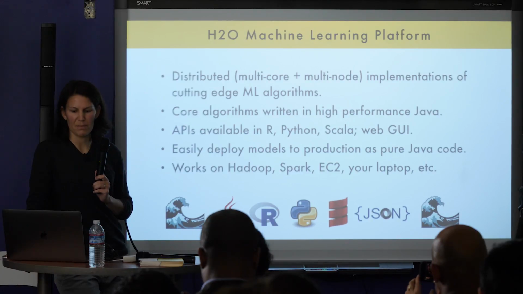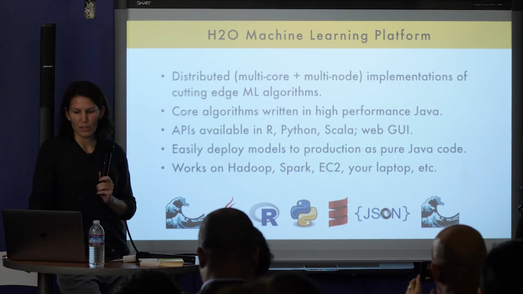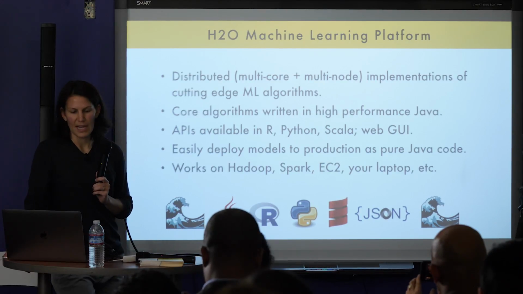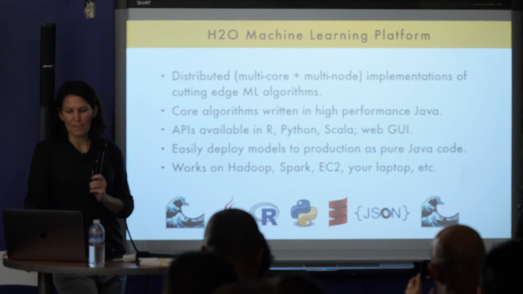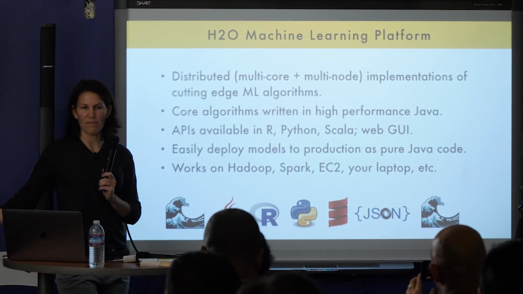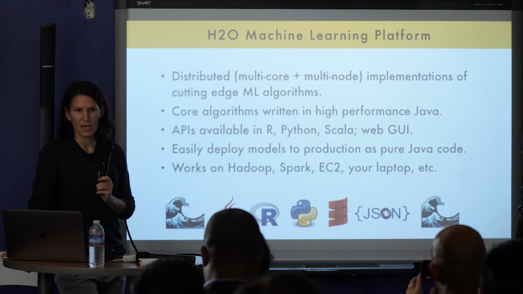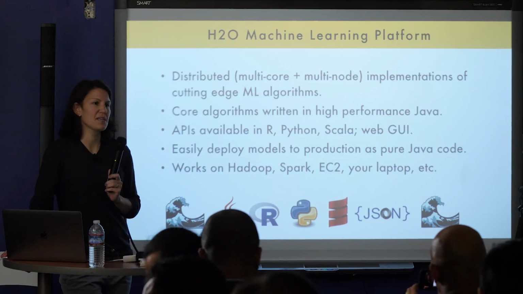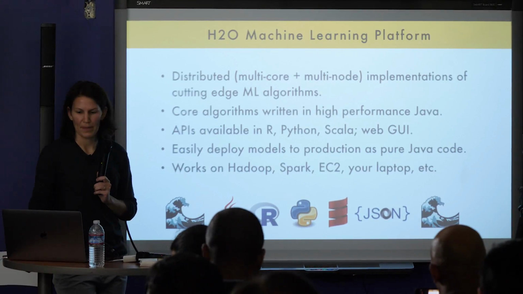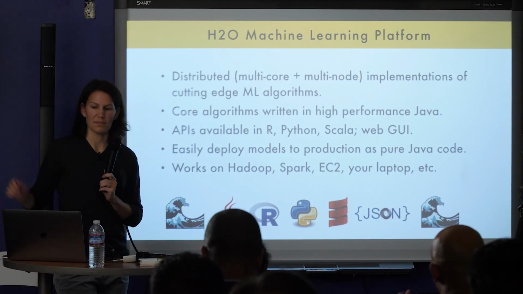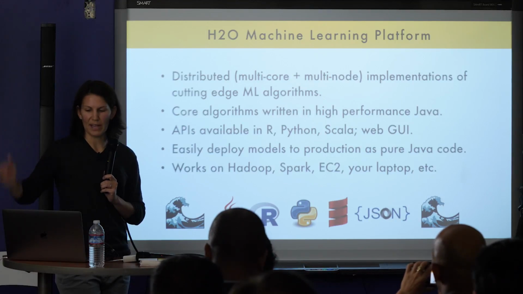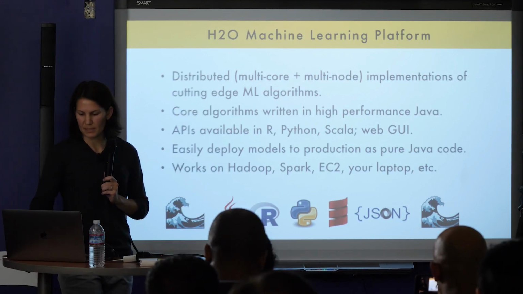A lot of enterprise shops use Java and want their models in Java, and H2O makes that very easy. You can deploy the models as pure Java code and compile them into your projects. If you're more of a data scientist, not productionizing anything, you can also just save the models to disk like you would in R and Python. We don't force you to export them to Java code. And of course, it works on Hadoop and Spark. If you set up a regular cluster on EC2 or on your laptop, it's meant to work anywhere.